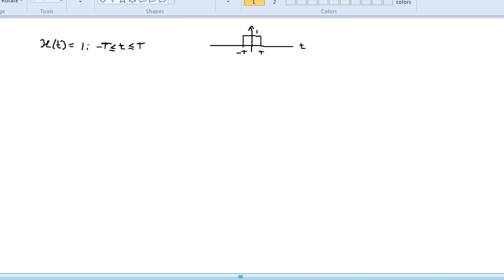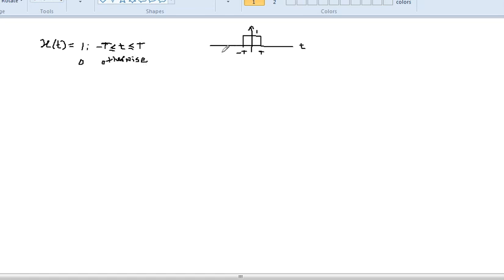And it is equal to 0 otherwise, elsewhere, when it is other than this range.